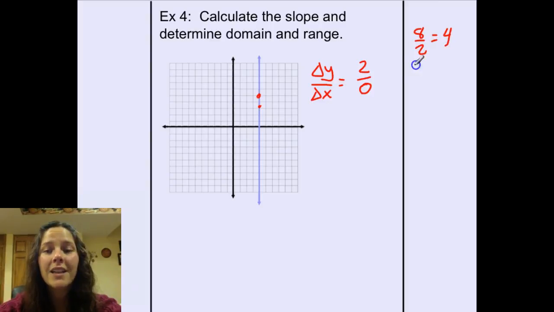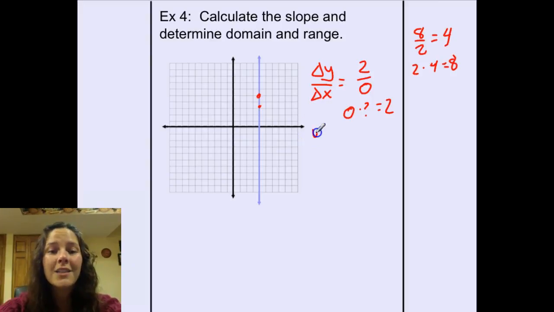Another way to say that is 2 times 4 equals 8. So for our problem, we have 0 times what equals 2. There is no solution to that because 0 times anything is 0. We can never get 2 when we're multiplying by 0. This is why this is what's called an undefined slope.